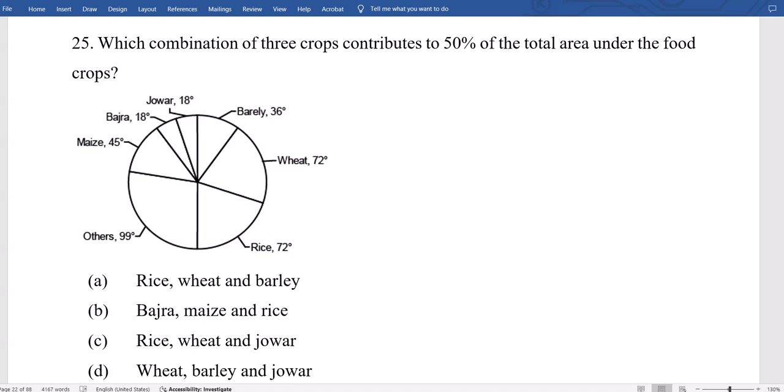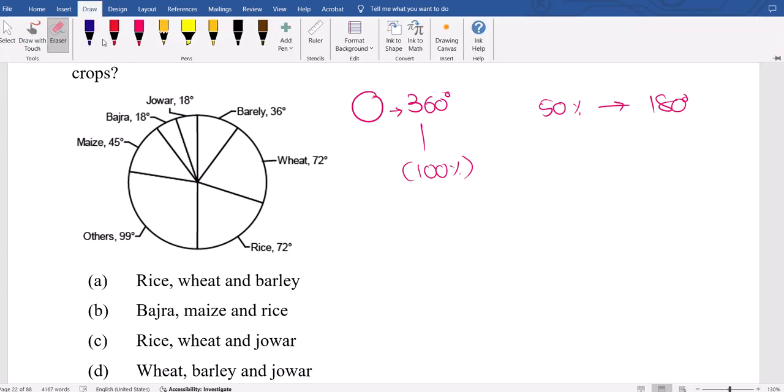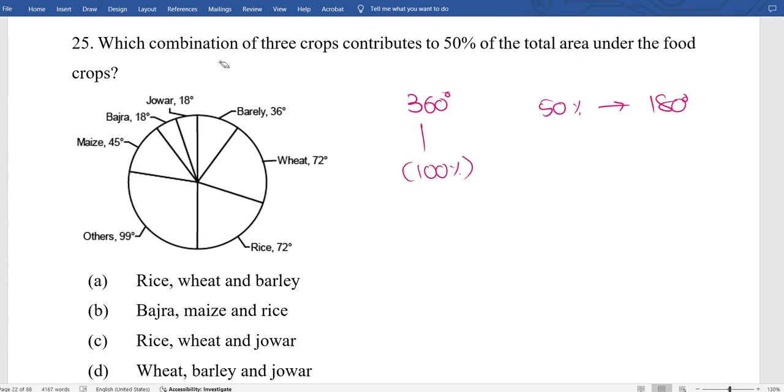This is angle. Total angle is 360 degrees. 100% is 360, so 50% is nothing but 180 degrees. So you see which three adding will get 180 degrees. 180 required. So 72, 72, 144 and 36.